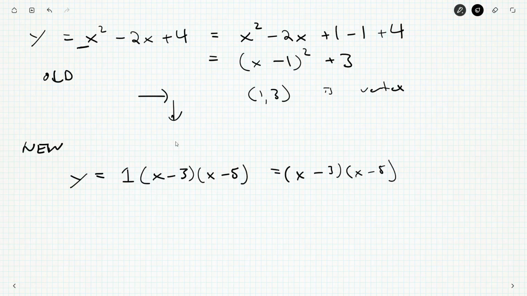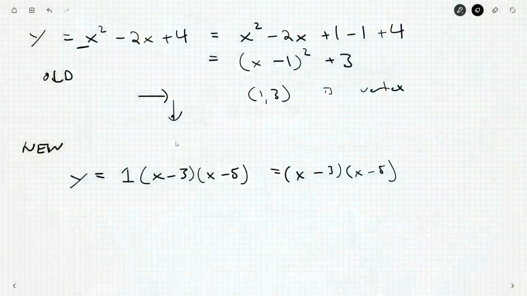But it is something to think about, because if they had said, you move p units to the right, q units down, and then you stretch by a factor of r, that could change the question entirely. We'd have something like r times (x minus 3)(x minus 5), and we'd need a bit more information to figure out what r is. The question could very easily be changed so that the people who didn't think about this end up not knowing what to do.